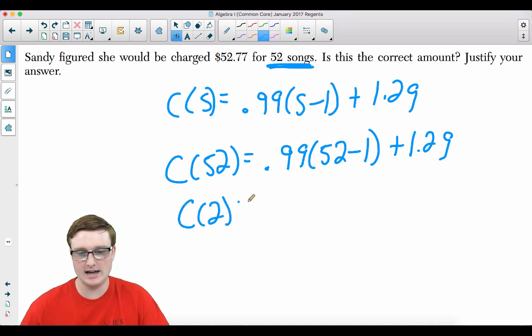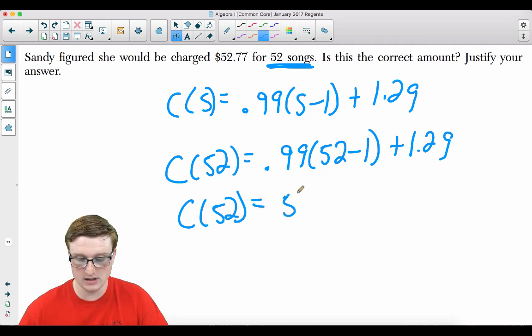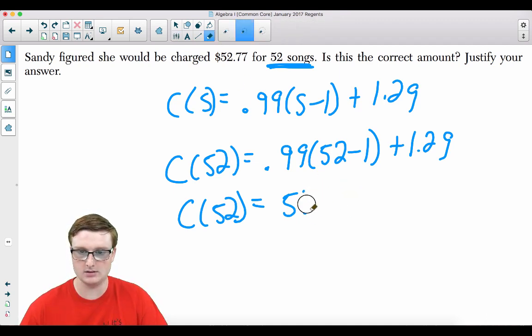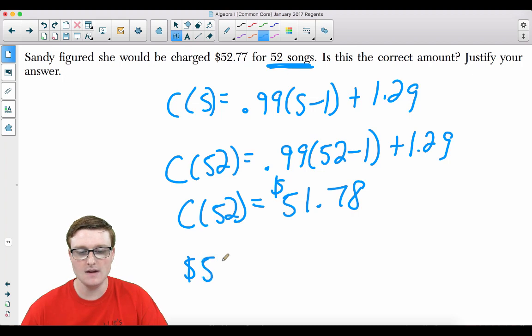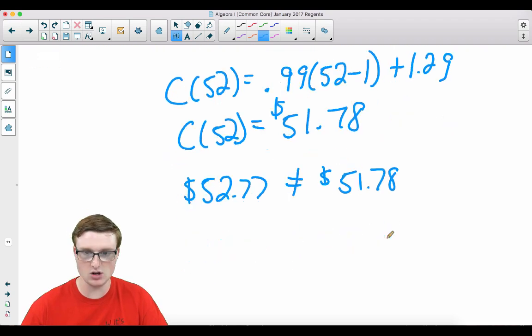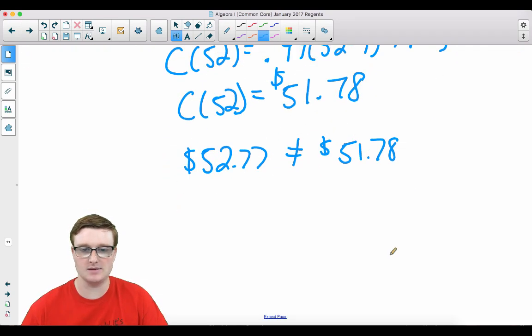When you plug that into your calculator, just take my word for it, you get $52.70. No, I'm sorry. You get $51.78. So obviously, $52.77 does not equal $51.78. So it says, is this the correct amount? Justify your answer.